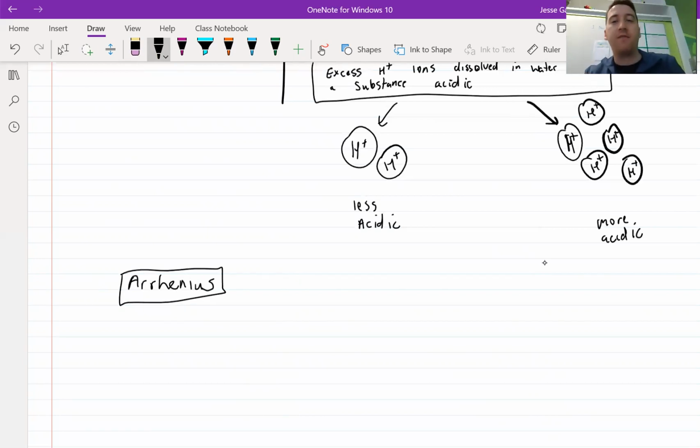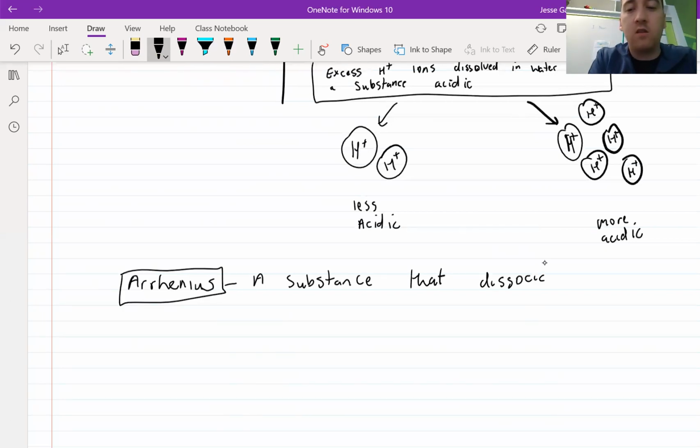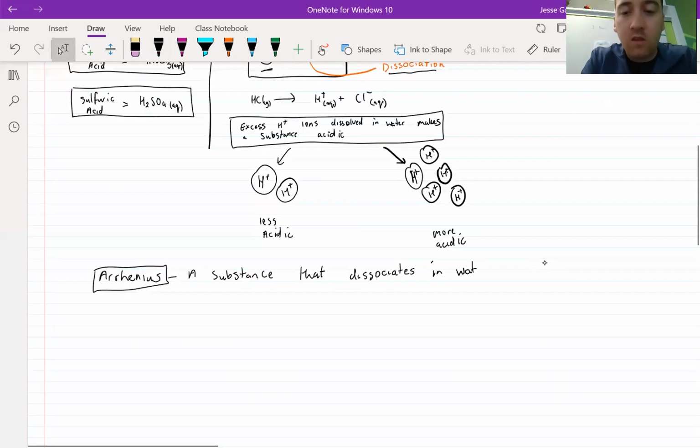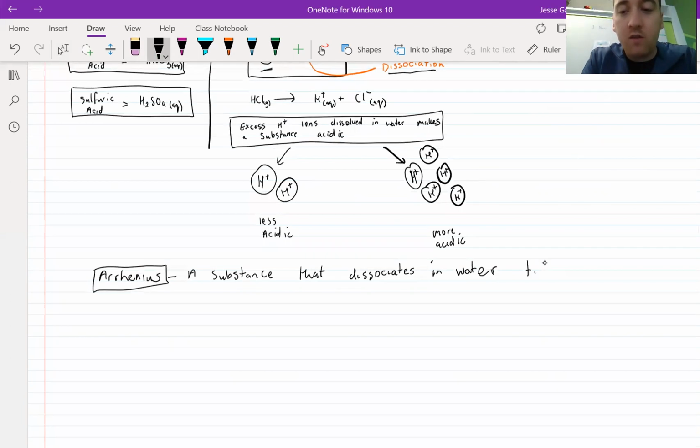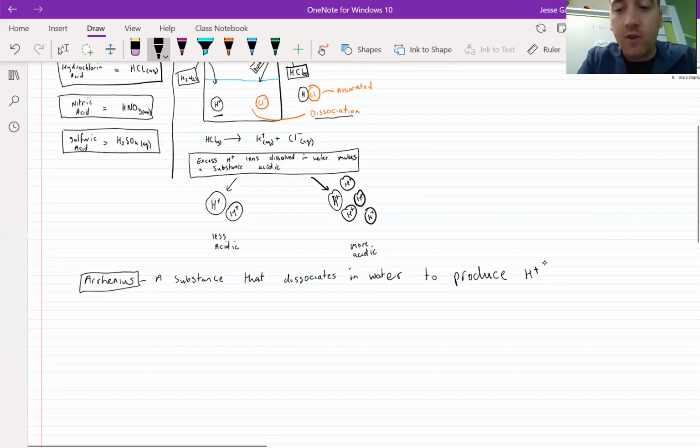And Arrhenius' definition of an acid was that it's a substance that dissociates in water to produce H plus ions, or hydrogen ions.